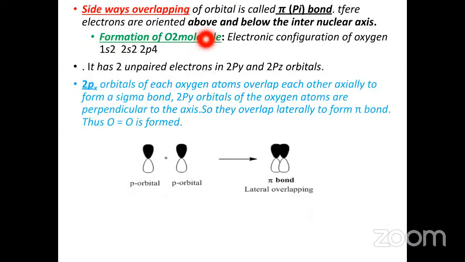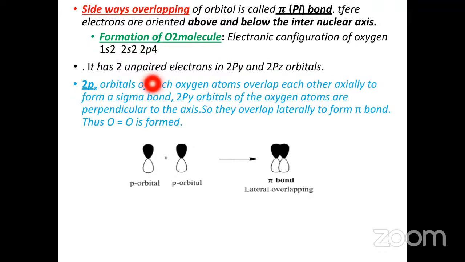Then sidewise overlapping. By sidewise overlapping, a pi bond is formed. Here electrons are oriented above and below the internuclear axis. Example, the formation of O2 molecule. Its electronic configuration is 1s2, 2s2 and 2p4. It has two unpaired electrons in 2py and 2pz orbitals.